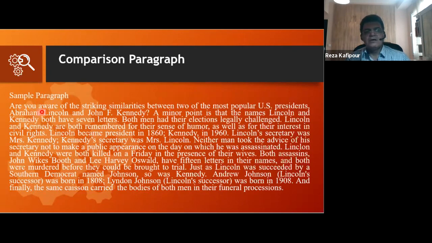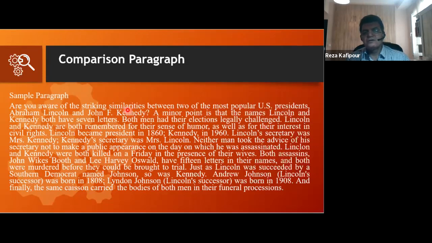Are you aware of the striking similarities between two of the most popular US presidents, Abraham Lincoln and John F. Kennedy? So actually it is a topic sentence in the form of a question. What are we going to discuss? Similarities between two of the most popular US presidents.